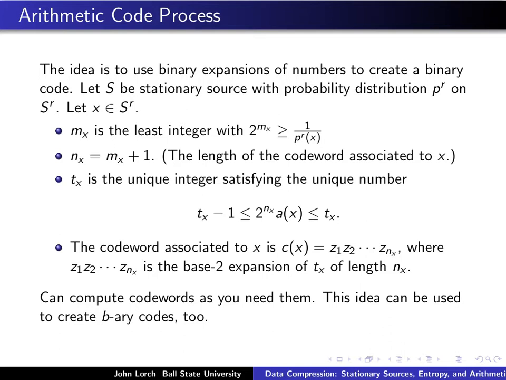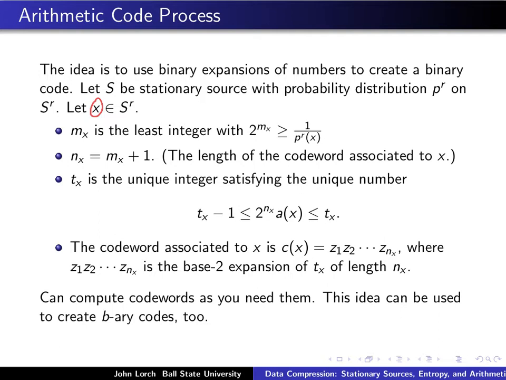We start with a stationary source and a probability distribution PR on strings of length R. Throughout here, X is going to denote a string of length R. Here, we're also in the background assuming that there's an order on S that induces the dictionary order on strings of length R. And that means that this cumulative probability function can come into play.